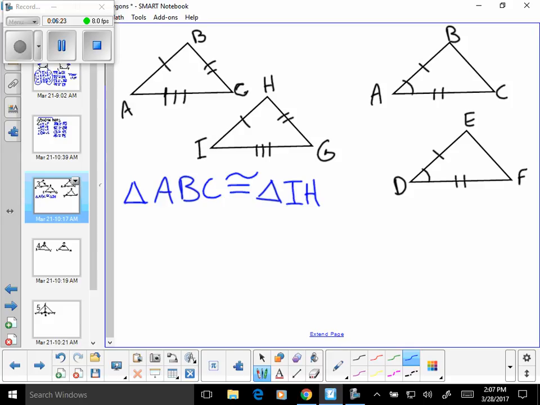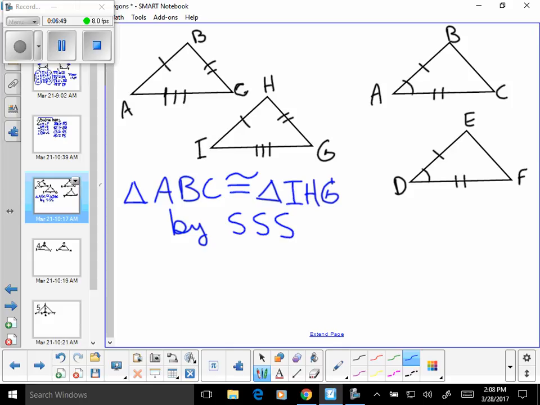So I has to be in the same corresponding position as A, B with H, and then C and G. And I'm going to say that triangle ABC is congruent to triangle IHG by side-side-side. Now this only works if you have the 3 pairs of tick marks.